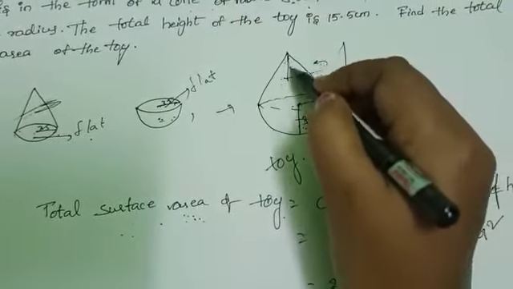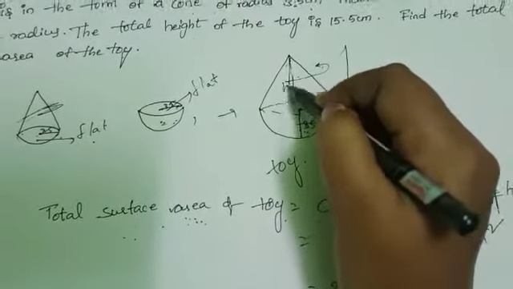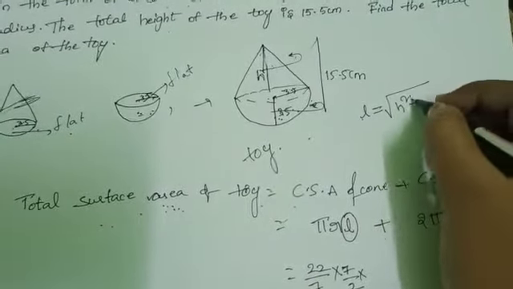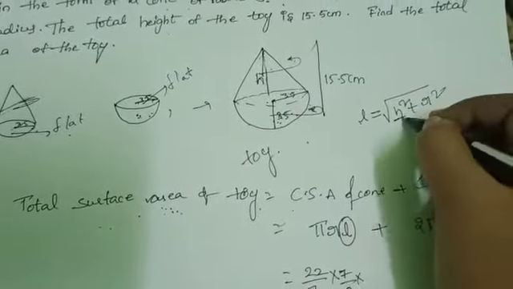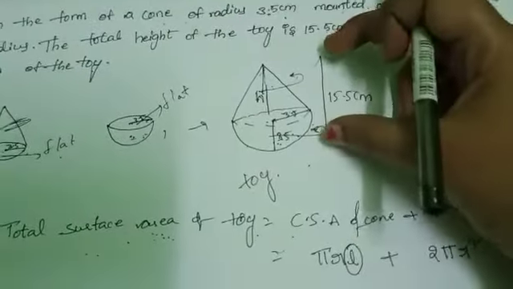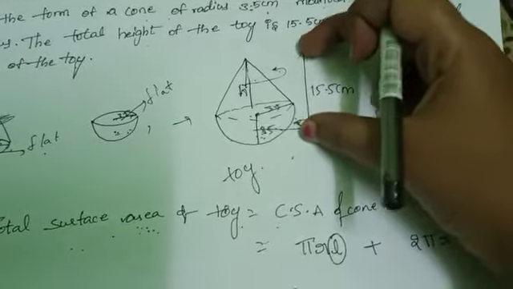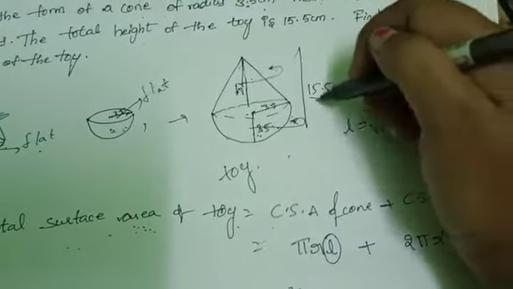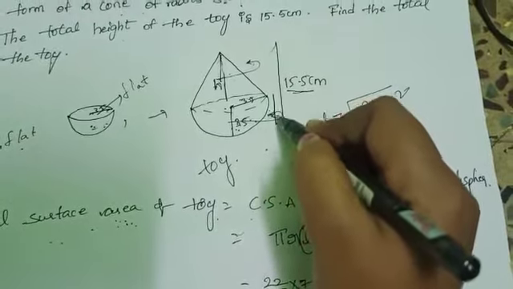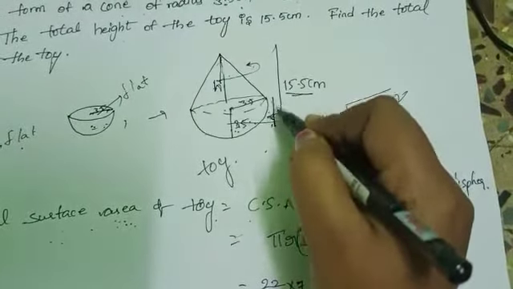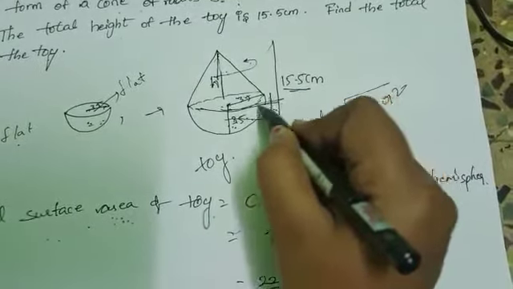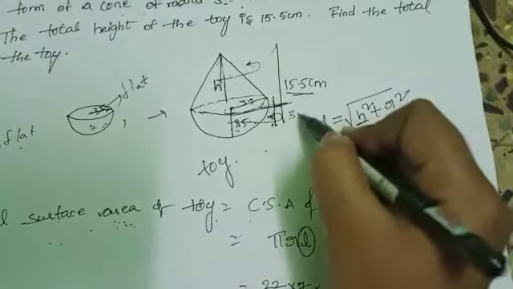What is the height of the cone? L equals root over h square plus r square, where h is the height of the cone. What is the height of the cone? The total height of the toy is 15.5 centimeters, and up to here is 3.5.